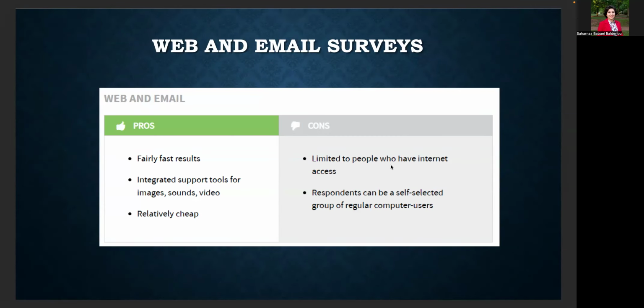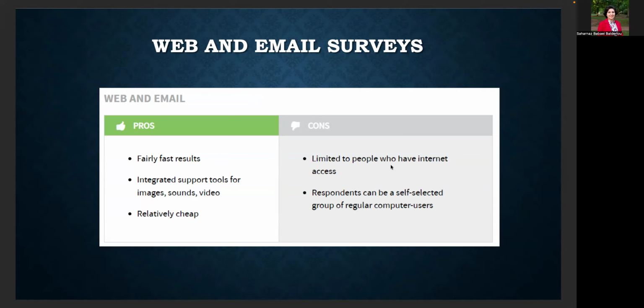Web and email surveys are some of the easiest to implement. They allow automated collection, quick response times, and easy integration with analytics tools. Platforms like Google Forms and SurveyMonkey are commonly used.